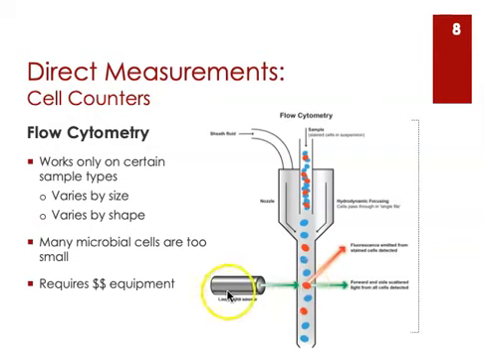So sometimes this light, depending on the cell, will bounce off of the cell, and that will be an indication that the cell is present. Sometimes it will be absorbed by the cell. That will be an indication that the cell is present. It depends on the type of cells that are being counted. So this machine has to be set.